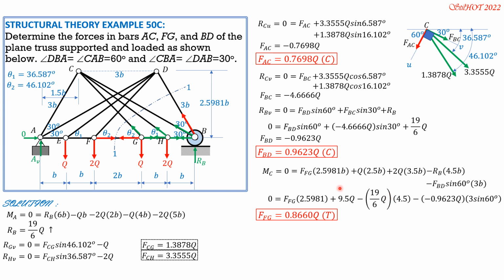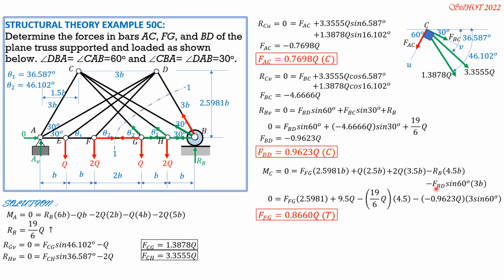So substitute, 0 equals F_FG times 2.5981. I cancel out b. Then combine these two Q's here without b. So 9.5Q, 2.5 plus 2 times 3.5, so 9.5Q. Then minus R_B, which is 19 over 6Q times 4.5.